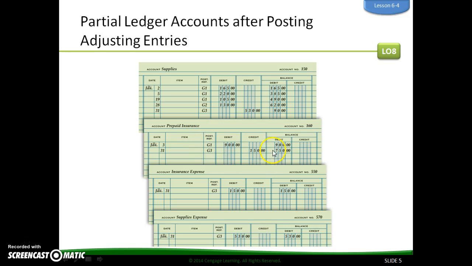Here's our credit for $150. Now we can see the balance in that account is $750. Our insurance expense, we are opening this up. It's our very first entry, so we're opening our insurance expense up January 31st, $150, and we now have a debit balance of $150. Same thing for our supplies expense. We're opening up that ledger account because it's the first transaction we're posting there.